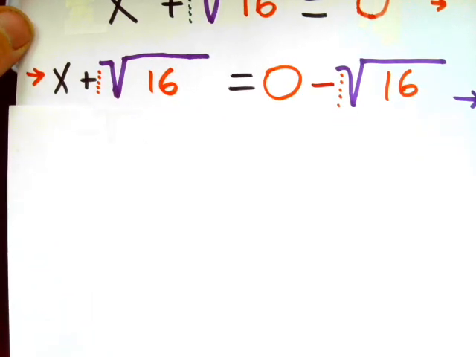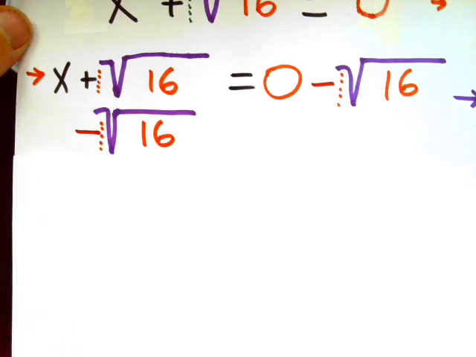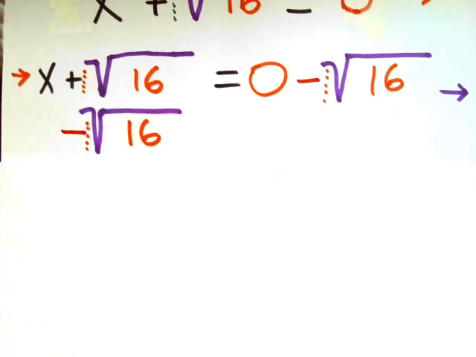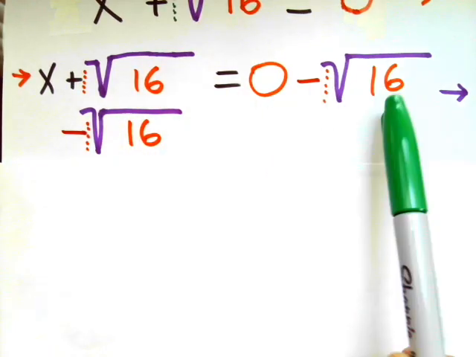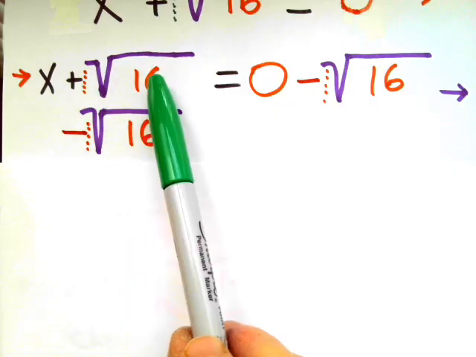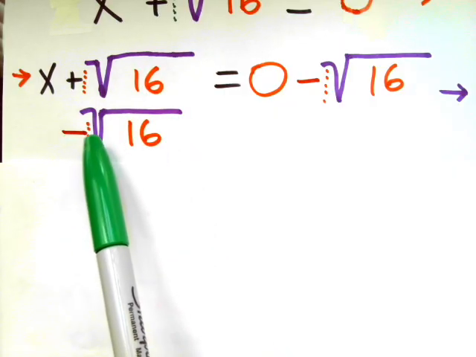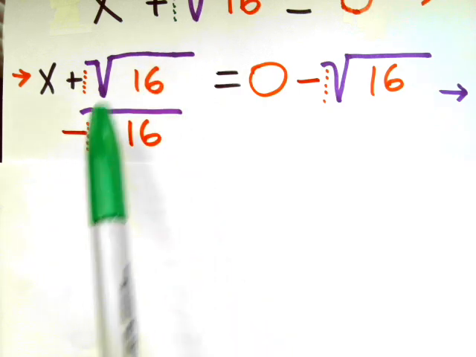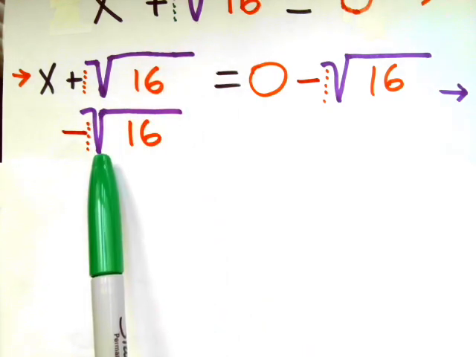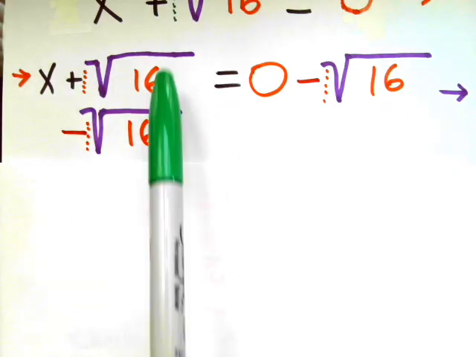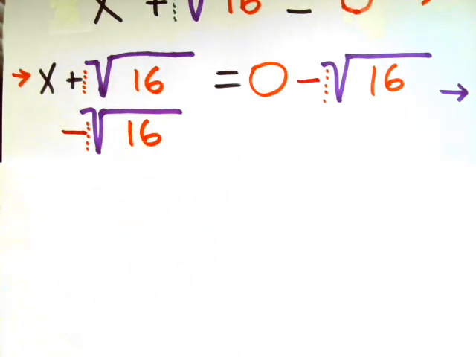I like to subtract that square root of 16 to both sides of the equal sign, right? Plus 1 square root of 16 minus 1 square root of 16 is 0. So I'm left with a 0. Cancels out on the left side of that equal sign. I'm only left with x equals on this left side of the equal sign now.